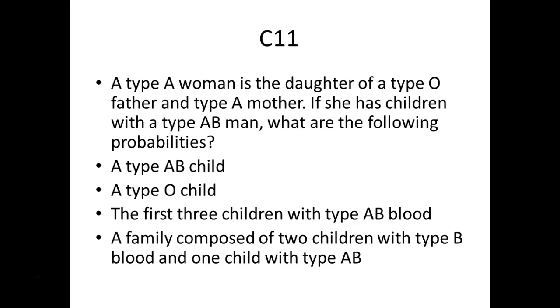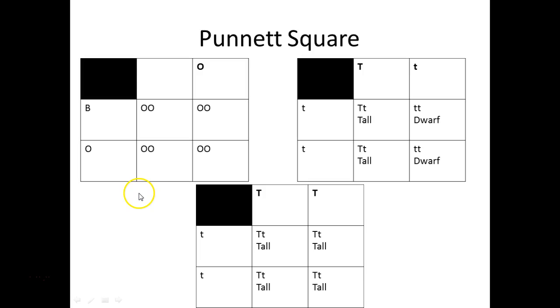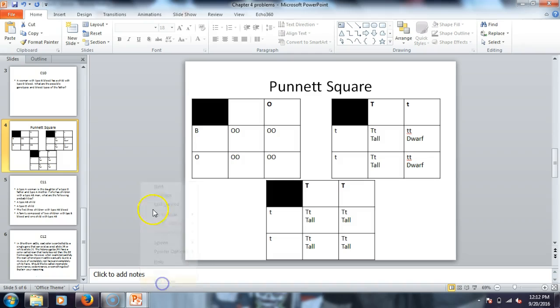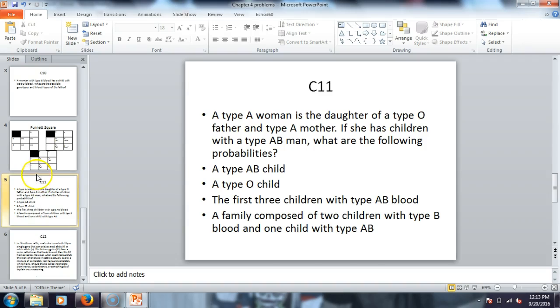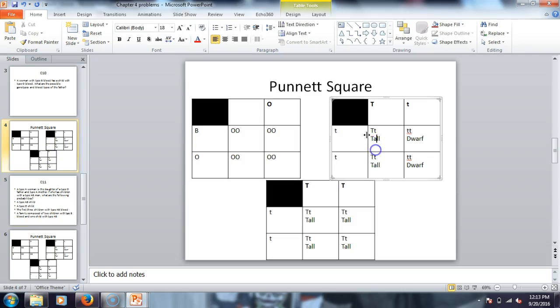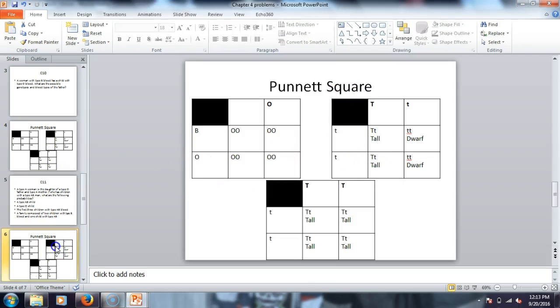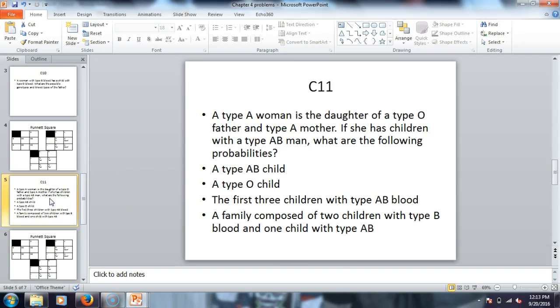Okay, so let's write that out first, right? I forget I have to be in this view. Okay, so what did we say? Let's read it again. Type A mom and O father, and she's type A.